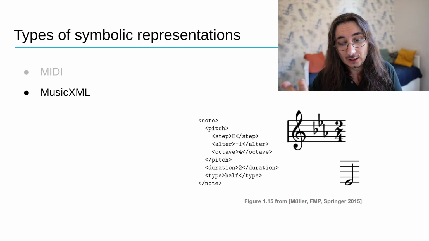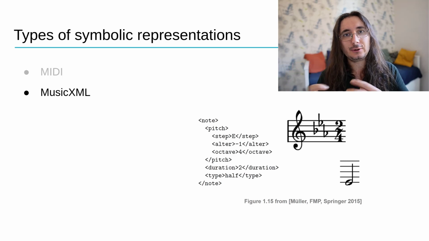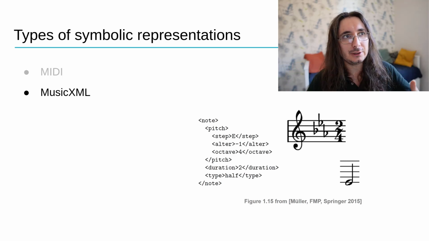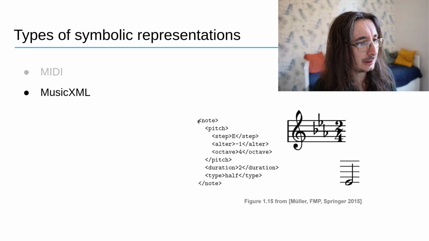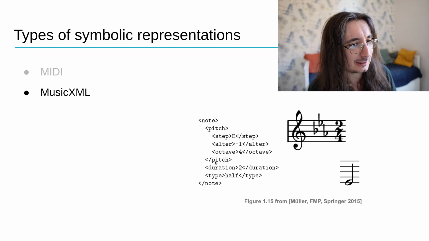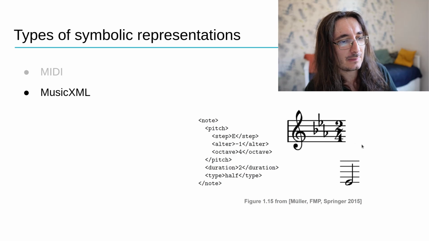That is, this XML is tailored in such a way that it can be used to represent music very effectively. Here you see a typical XML structure that represents this piece of notation.